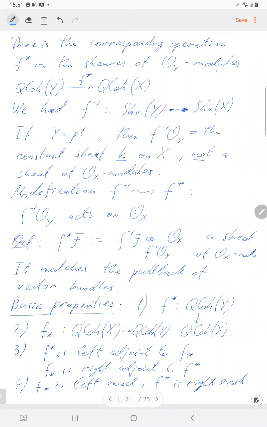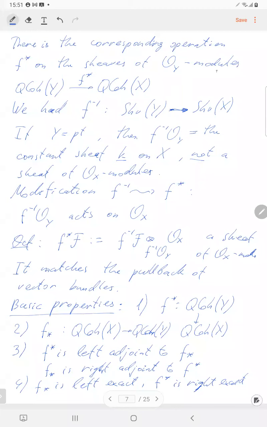Okay, and maybe let's discuss a little bit. The push forward, at least in the case of a map F going to the point, is just global sections. And you know that global sections are left exact, but not necessarily right exact, or only for flabby sheaves. We discussed this.